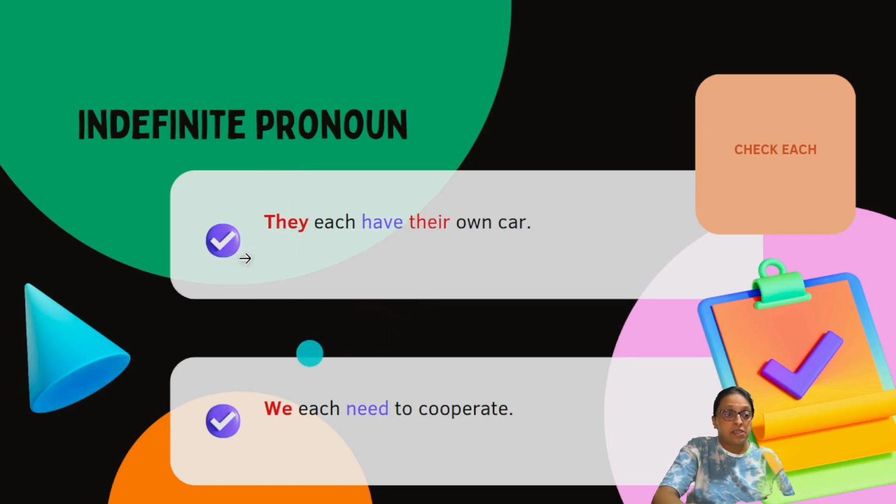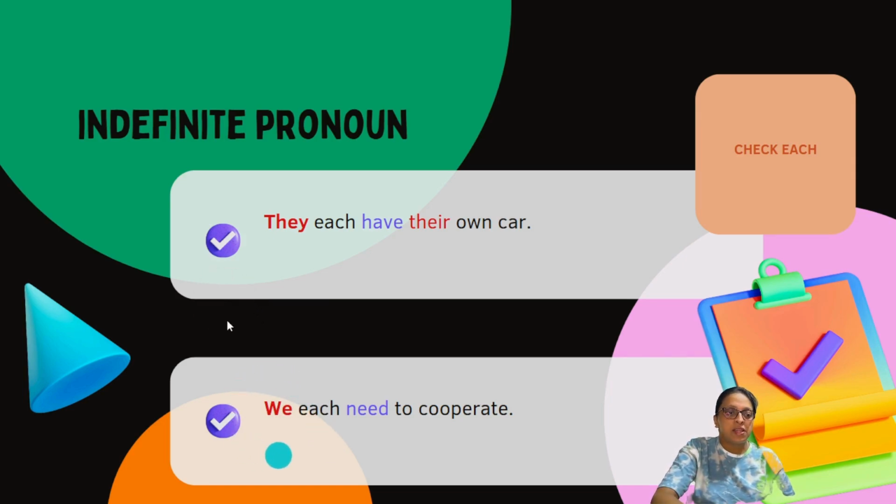Let us see another example. "We each need to cooperate." Again, it is similar to the previous sentence. Each is there, but we have not used a singular verb here. Why? Because the subject is we. The subject is not each. Each is qualifying the subject. Each is something that is denoting the subject as a pronoun.